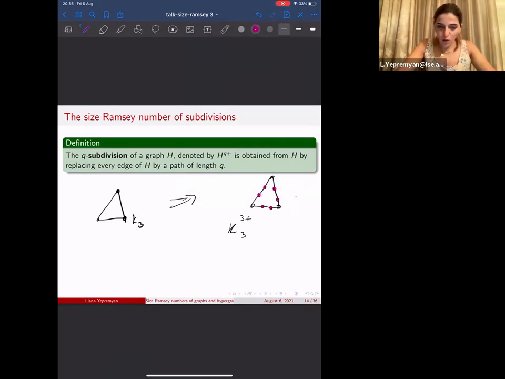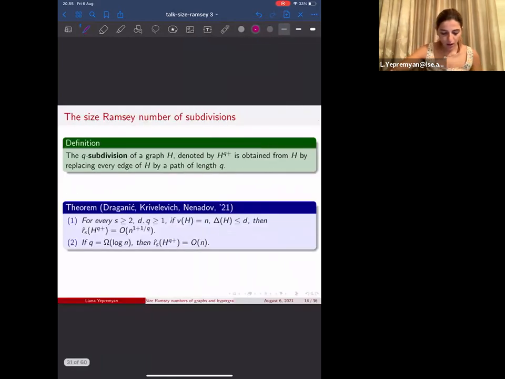Okay, so the size Ramsey number of such subdivisions has also been studied. The most recent result on these graphs is by Draganić, Krivelevich, and Nenadov, who proved that if you have a graph H whose maximum degree is bounded, then the size Ramsey number of any q-subdivision is bounded by some constant times n^{1+1/q}.